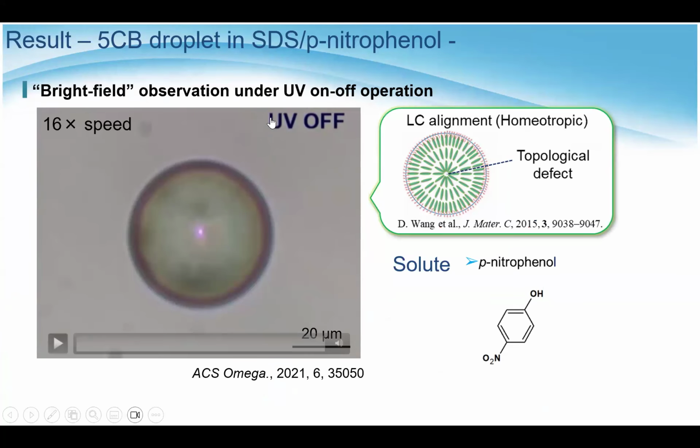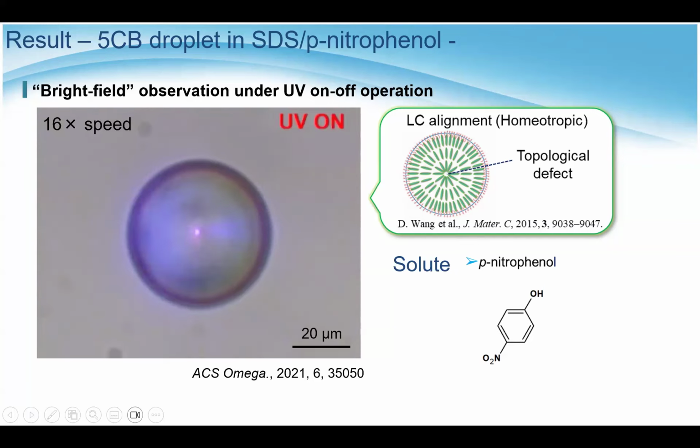And during this kind of research, we found a very interesting phenomenon. This is a liquid crystalline droplet, again, inside the surfactant solution, also including solute molecules, in this case para-nitrophenol.